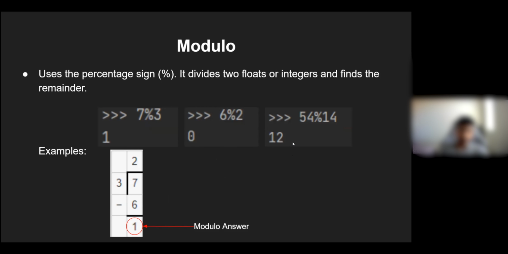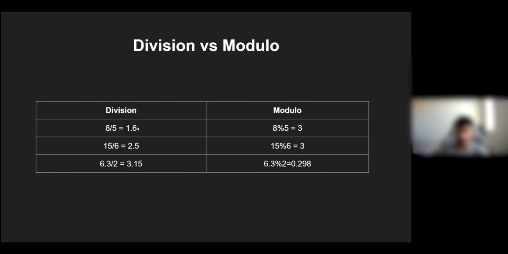If we divided 54 by 14, we'd get a remainder of 12, and it would output 12. So 8 divided by 5 is 1.6, and the remainder of dividing 8 by 5 is 3.